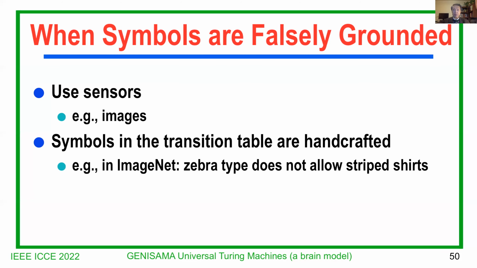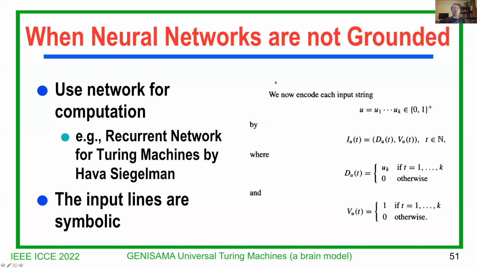It's our general purpose. But any fixed set of symbols you handcrafted is special purpose. Once you design it, you will not be able to extend it automatically without redesigning it again. But neural networks take inputs, right? But neural networks are also not grounded. Many neural networks, although they simulate how neurons compute, are still not grounded. Take the neural network for computation, for example, the recurrent network for the Turing machine by Hava Siegelmann.